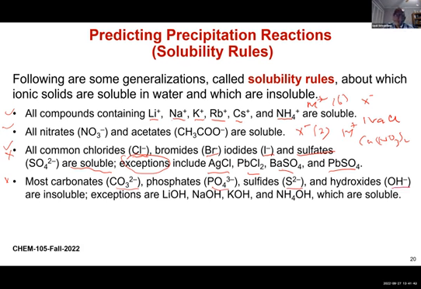There are exceptions for chloride, bromide, sulfate. So you have to analyze this and find out whether a given ionic compound is soluble or not. All right, so we can predict precipitation reactions. Right now, we're done with it.